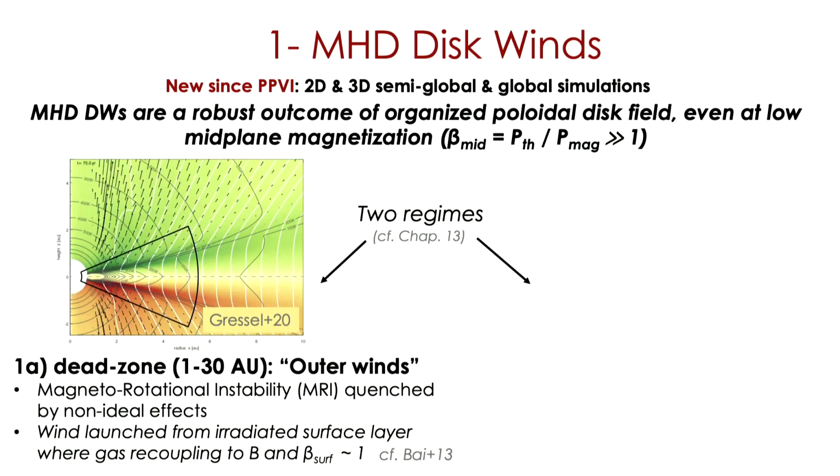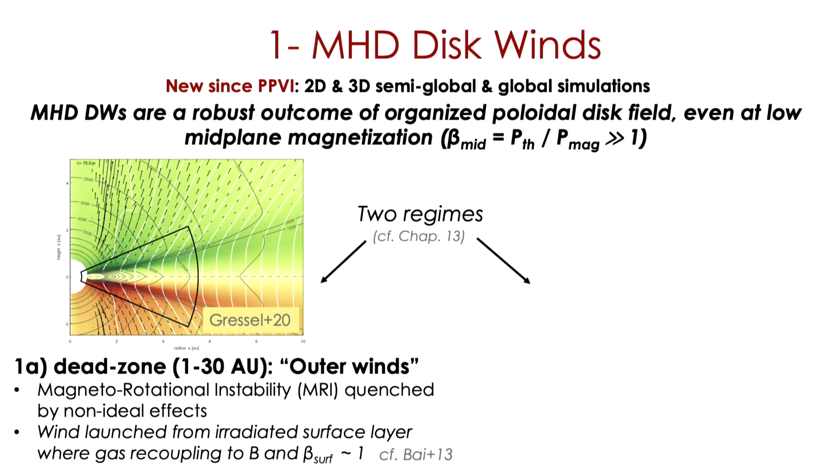The first regime is when the disk is dead, what we call the dead zone here. Due to non-ideal effects, the MRI is quenched, and so the disk is laminar. And here you can still eject winds from the disk surface, where the gas recouples to the magnetic field because it's sufficiently irradiated and beta becomes of order 1.